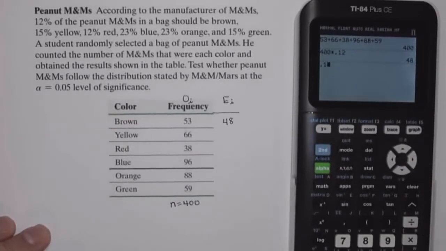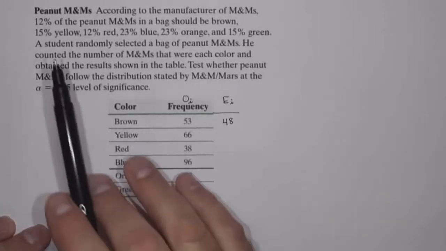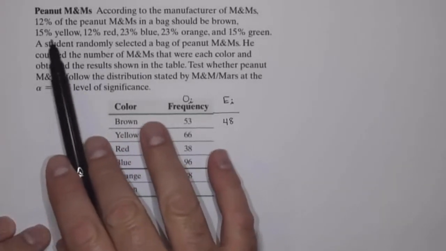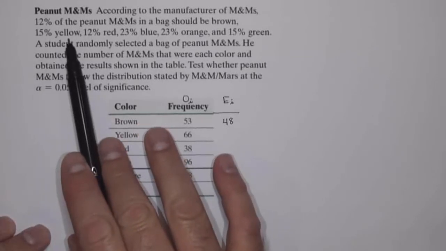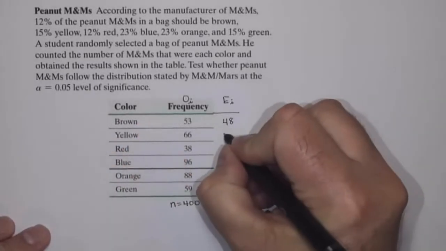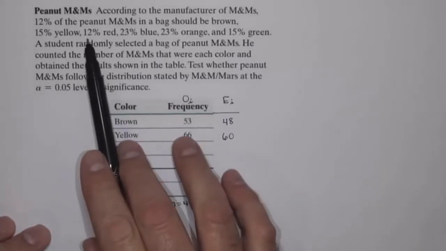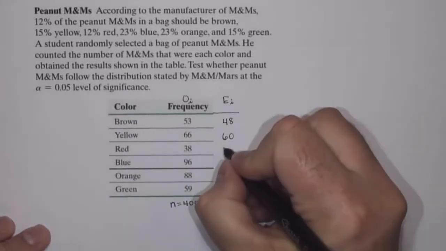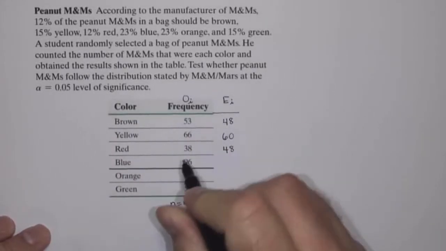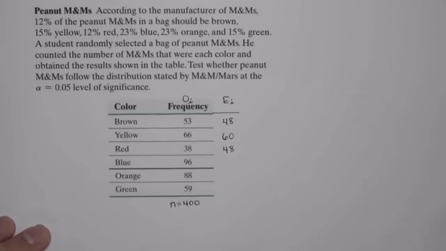If I take 15% of 400, that is 60. So again, 15%, because 15% of M&Ms are supposed to be yellow, that is 60. So I would have expected 60 of the M&Ms to be yellow. Now red is 12%, so that will be 48 again. 12% of 400 is 48.